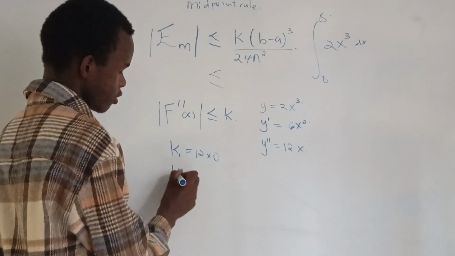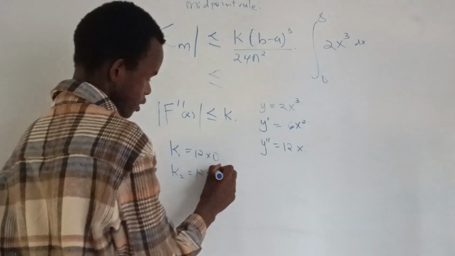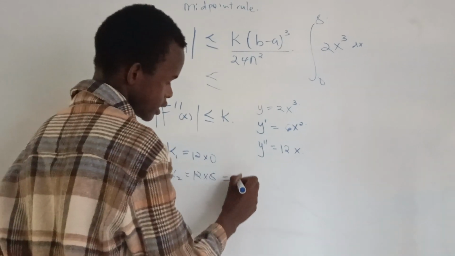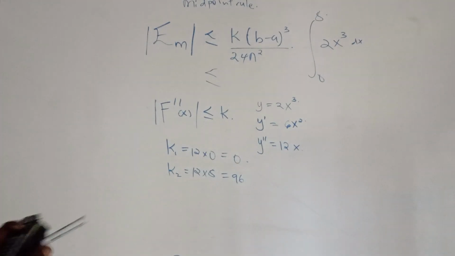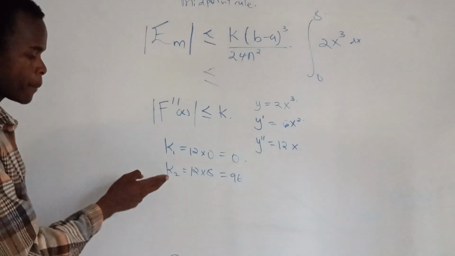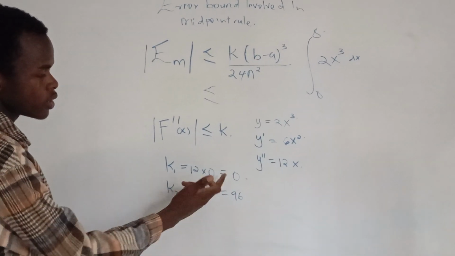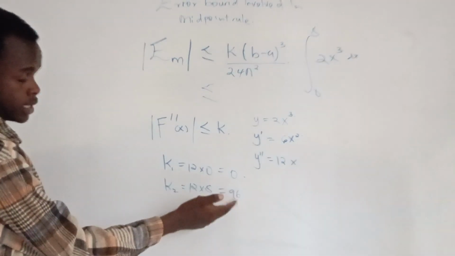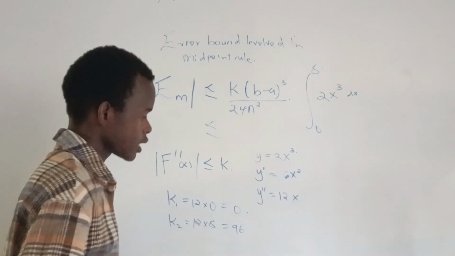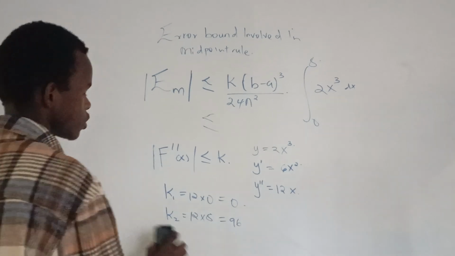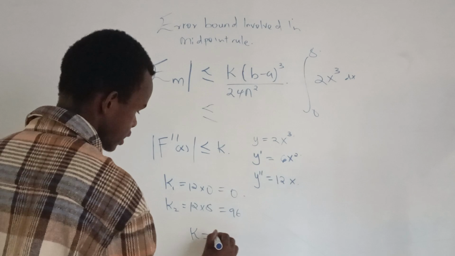The second value, k2, will be 12 multiplied by 8, which is 96. The first will be 0. So what will be our value of k? We usually take the maximum value of these two. So our k will be 96.